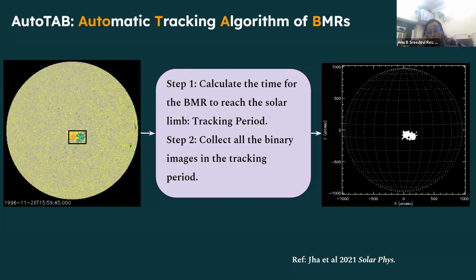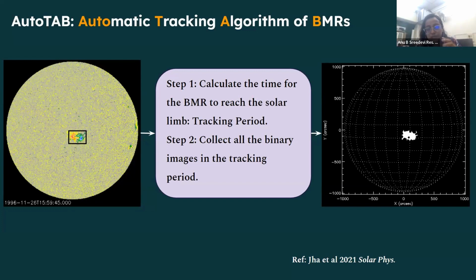Okay, so in many tracking algorithms, the classification and tracking happens manually. Many are semi-automatic, which means that at some point a human intervention is needed. For example, there is work by Andres Munoz Jaramillo's group.